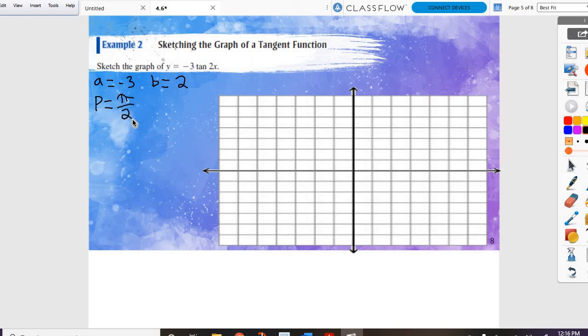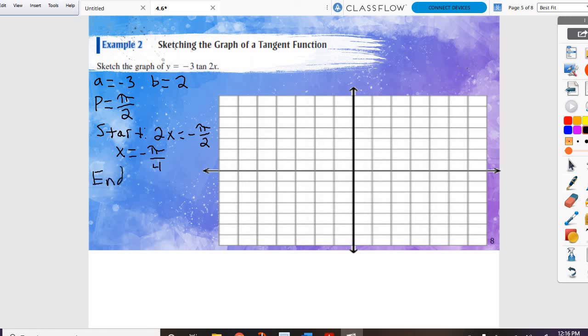Pi over 2. Okay. So then our starting spot, again, remind me, what do we set the inside equal to? Negative pi over 2. So we would multiply both sides by a half. So we end up with negative pi over 4.